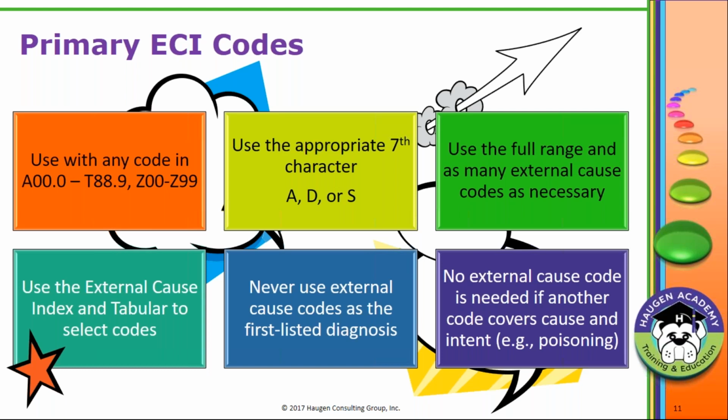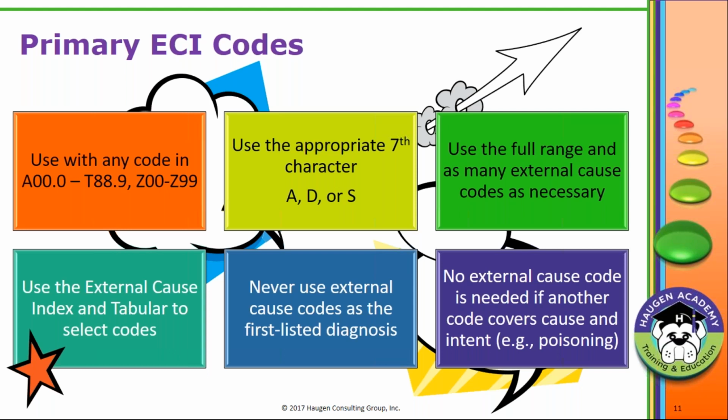So you've got a patient who comes in with an arm fracture and this is their first episode of care, then you're going to use your A 7th character for initial on your injury code and your external cause code. So if they fell down the stairs, then your fall down the stairs would have a 7th character of A.